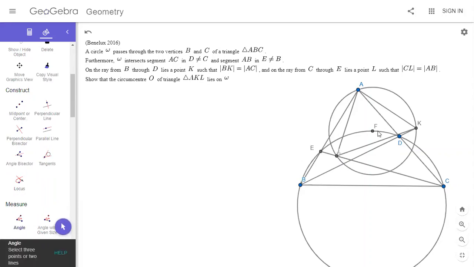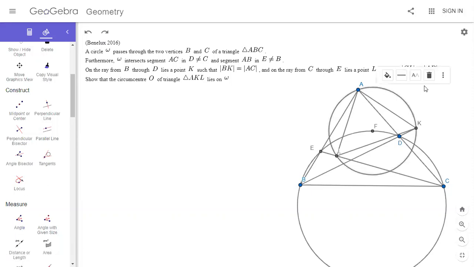So I said FLC is congruent to FAB. That's 22 degrees. That should be an angle chase. Okay, so I'm going to delete that. Actually, I'm going to draw it.